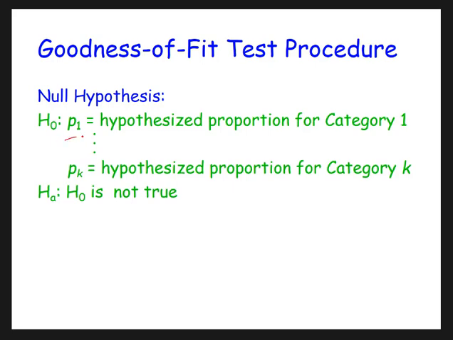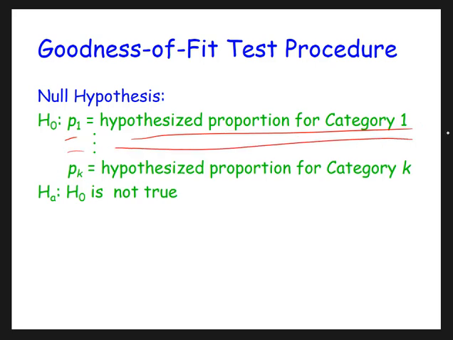So p1 is whatever the hypothesized proportion for the first category is, p2 is the hypothesized proportion for the second category, on up through pk, which is the last category. Then HA, the alternative hypothesis, is basically saying that the null is not true. In other words, a lot of times it's written as at least one of those proportions is different.